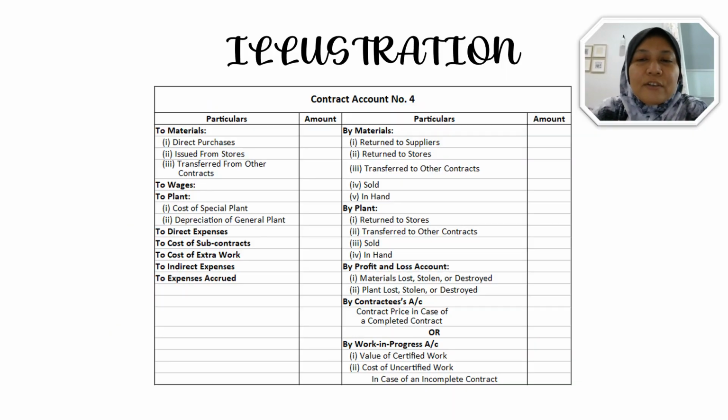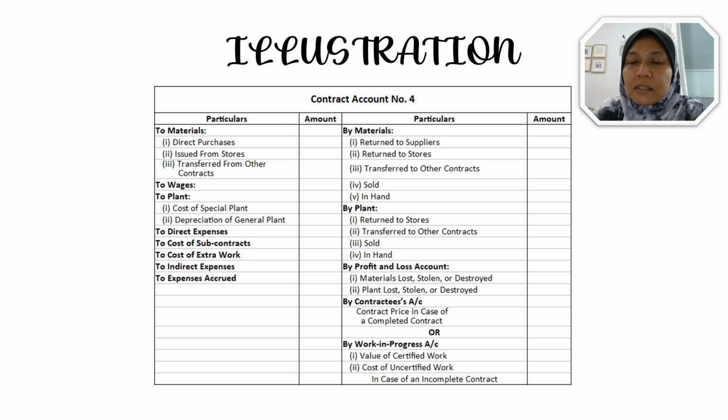Now, the illustration for contract costing would be as shown in this slide. For contract costing, we list all the materials, labor, and any other expenses incurred for that particular contract, as well as the profit and loss for any materials lost, stolen, or destroyed, and the work in progress account.